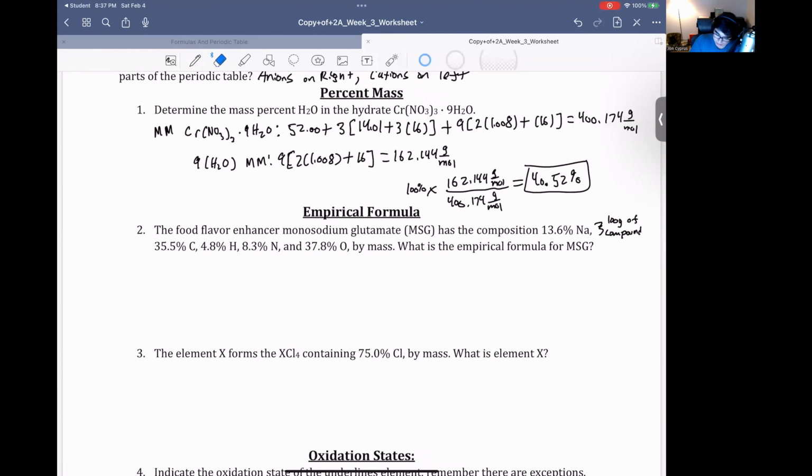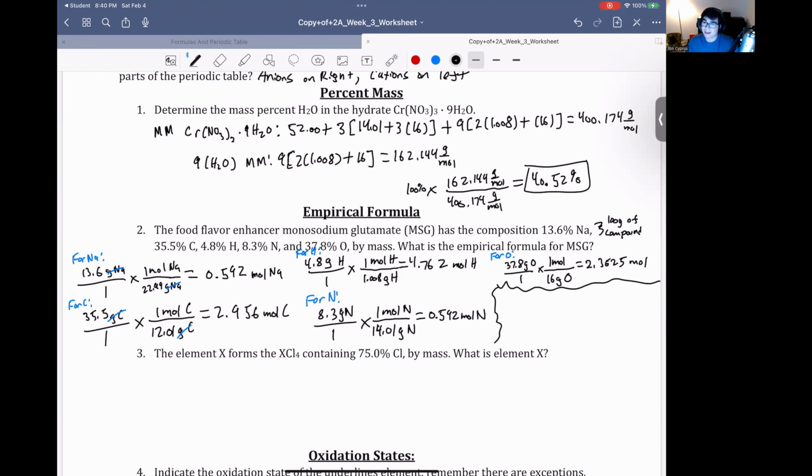All right, now we have to divide all of these by the smallest amount of moles, so we can get a nice ratio to one another and write our empirical formula. So the smallest one here is 0.592. So I'm just going to go ahead and divide all of these by 0.592.